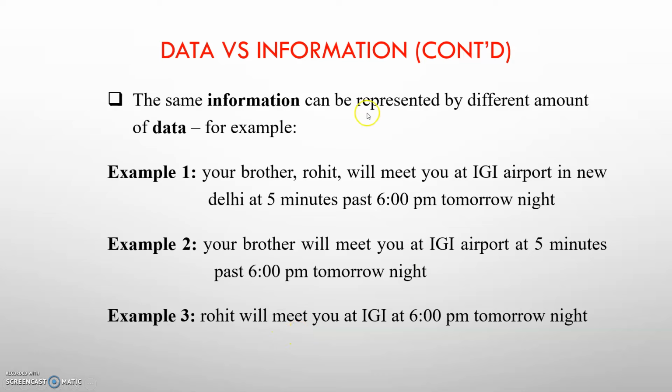The information at the crux of all this was that there is one brother Rohit, and you have to meet him at the IGI airport at 6 p.m. tomorrow night. That was the only information, but there were three ways of telling it. Here they are telling IGI airport in New Delhi. Here he is not even mentioning the name, or not telling that it is IGI airport.